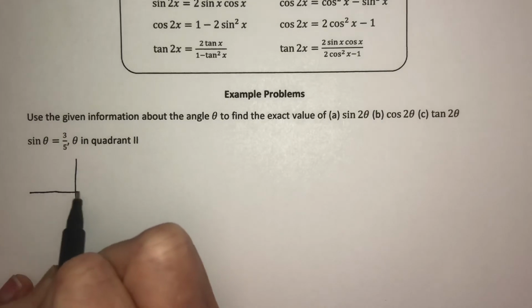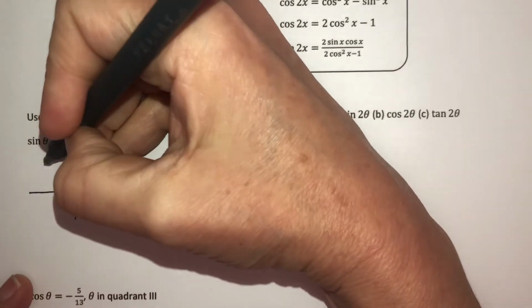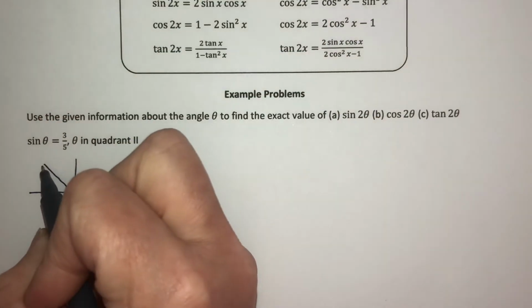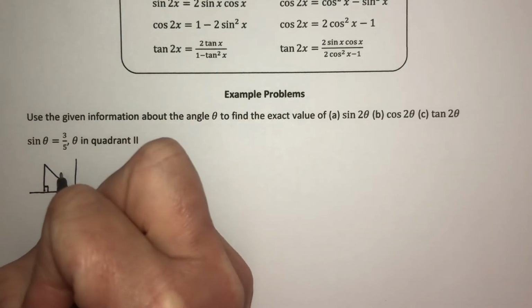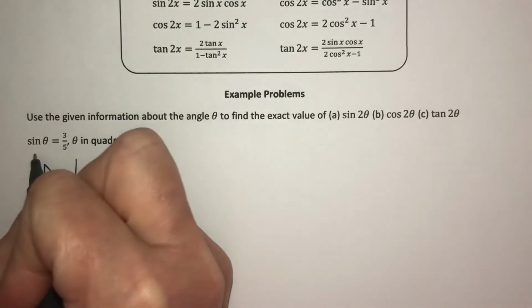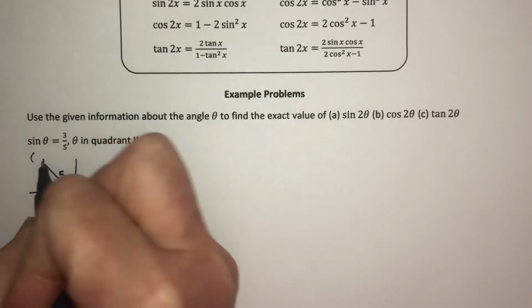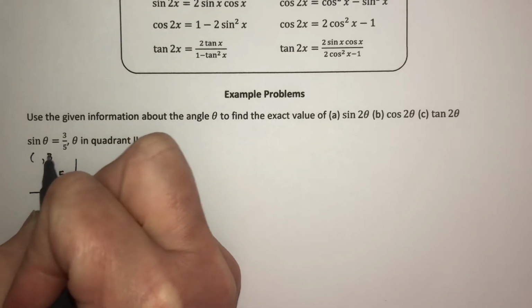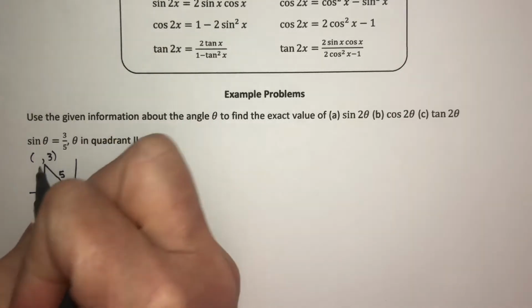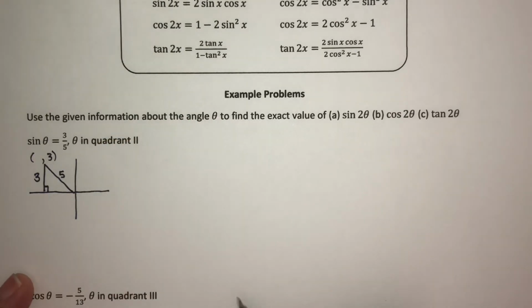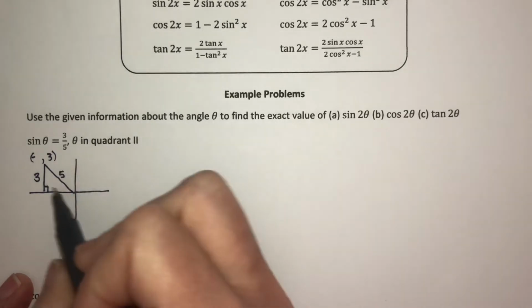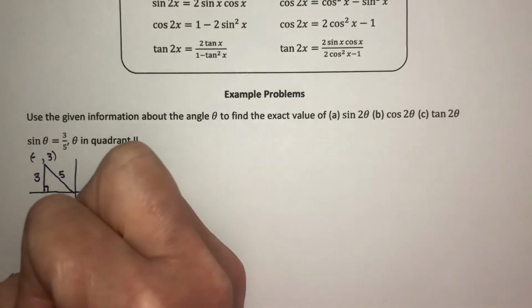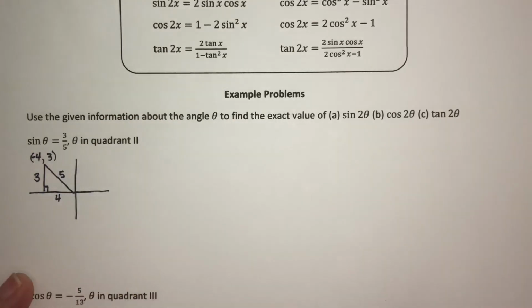So if our angle is in quadrant 2, we have something like this. Our radius is going to be 5. This point is x, y, and y will be 3. So this is 3 here. This has got to be a negative number right here. And so this is a 3, 4, 5 right triangle, so that's negative 4.